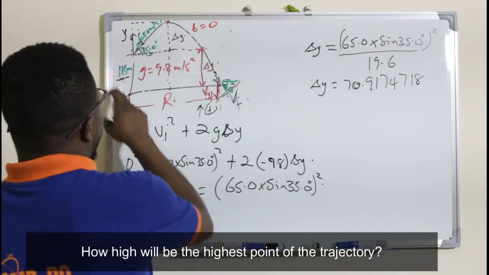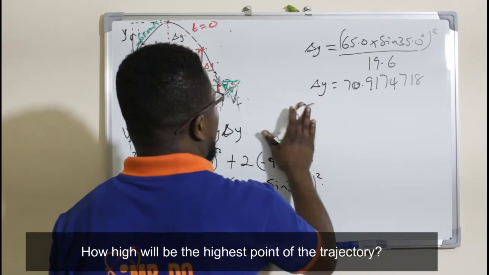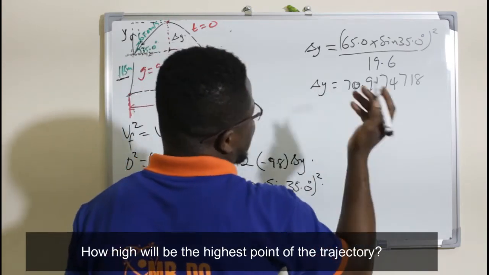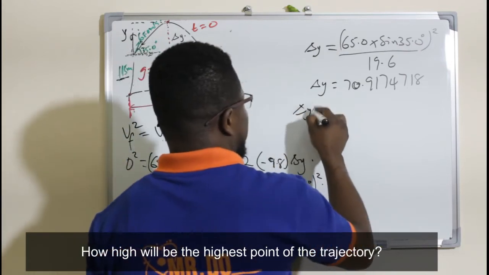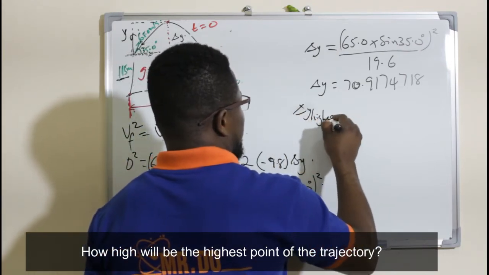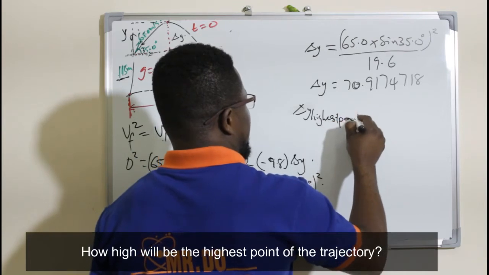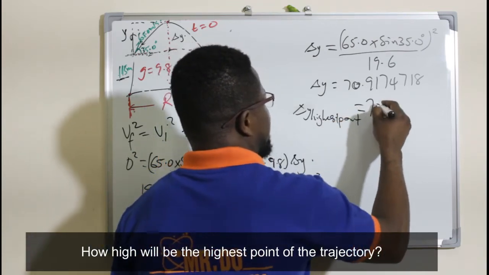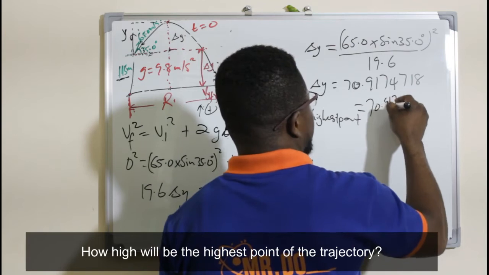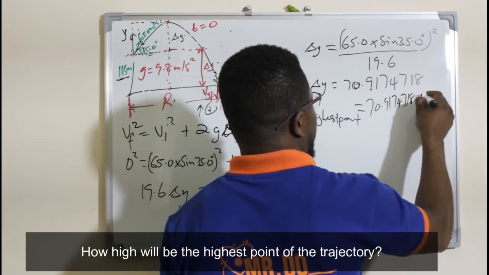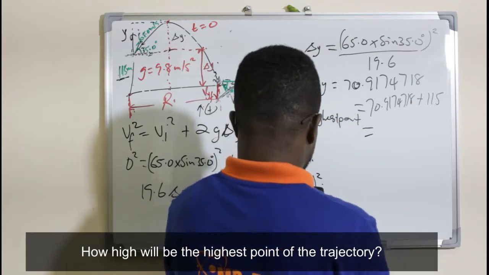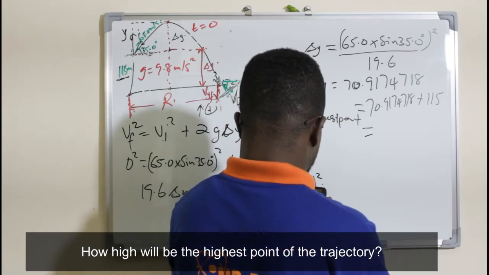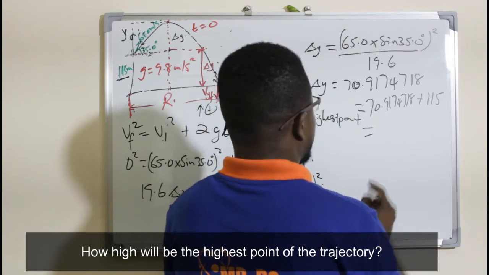And I am going to add this value to that, so therefore the maximum height, or change in y at the highest point, is now going to be 70.9174718 plus 115. Let's do that and see what we're going to have. Plus 115 to that.